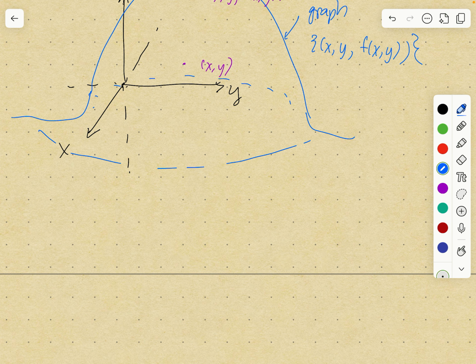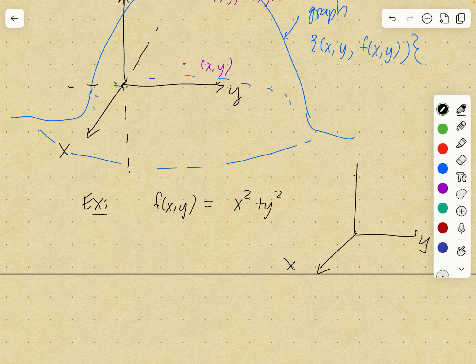So for example, you could have something like f of xy equals x squared plus y squared. And if you graphed that, you would get this paraboloid like this. So that's what I call the mountain point of view.